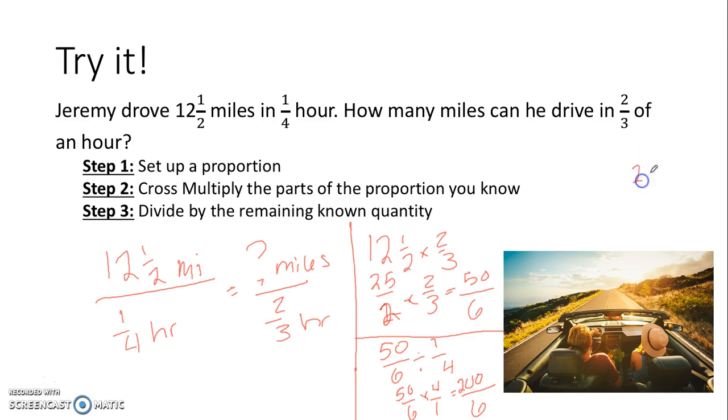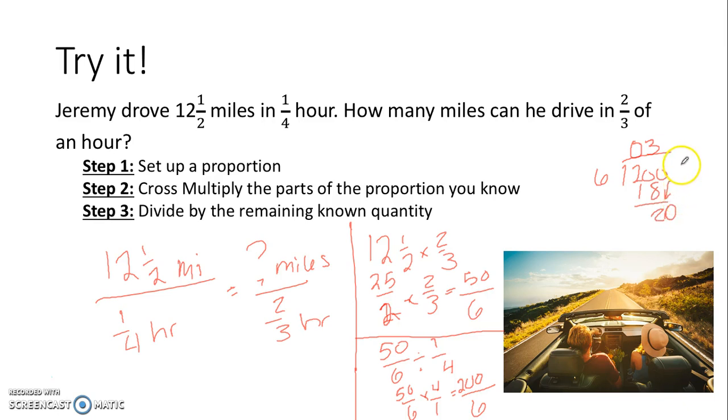So you're going to go 200, and 200 is in the house, divided by 6. How many times does 6 go into 2? Well, no times. How many times does 6 go into 20? It goes in 3 times, which is 18. 20 minus 18 is 2. Bring down the 0.